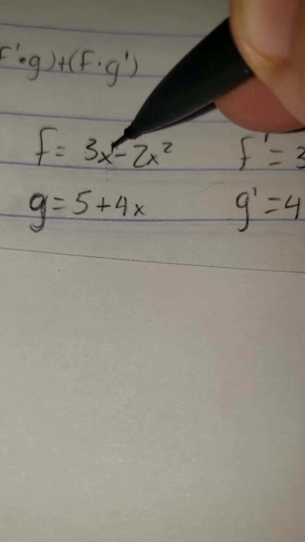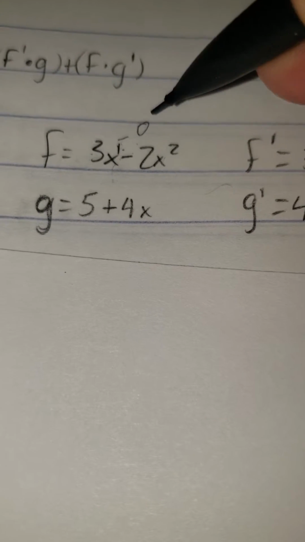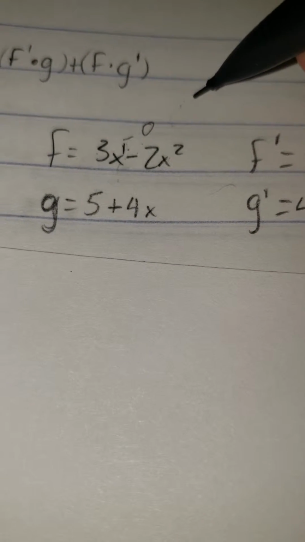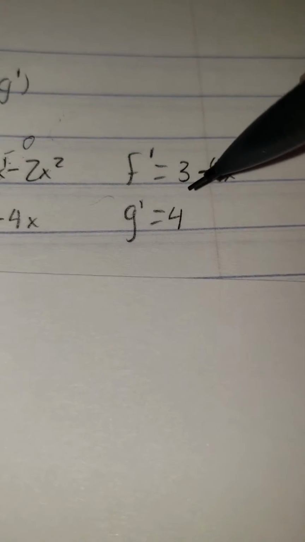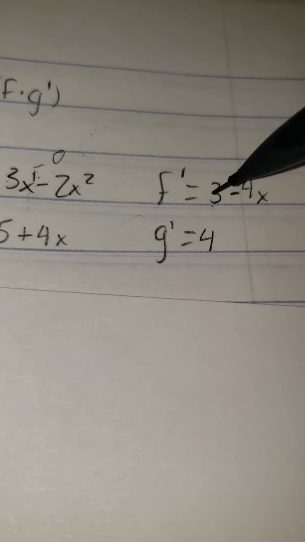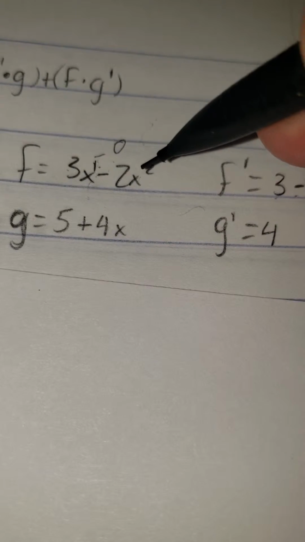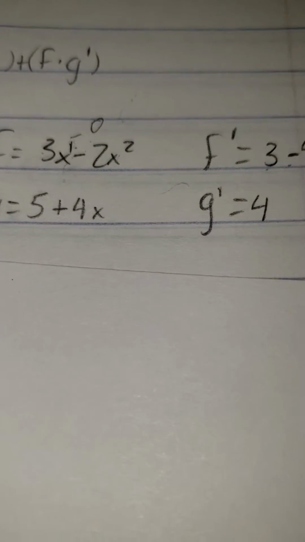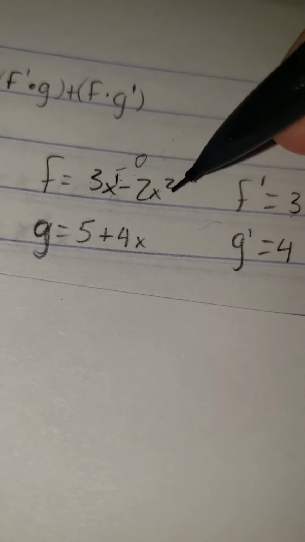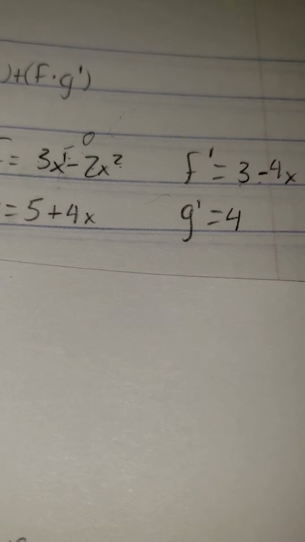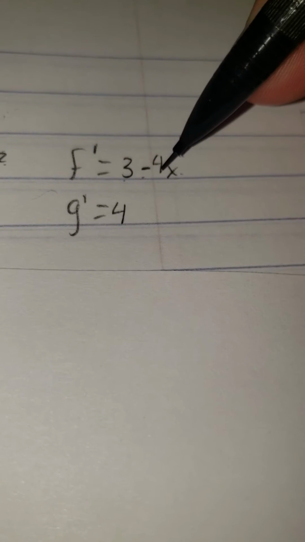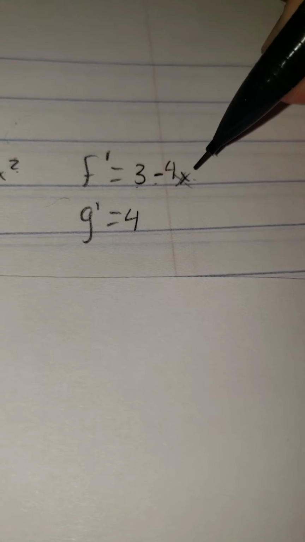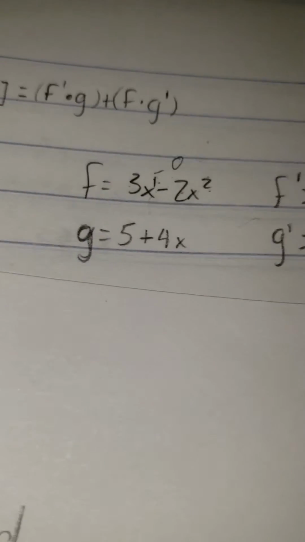Then this is reduced to 0, and anything to the power of 0 is equal to 1, so it's basically 3 times 1 times 1. So we're just left with 3 minus, and then going back to this part right here, we have 2 times 2, which is equal to 4, and then subtract 1 from 2, which leaves us with 1. So this x is to the power of 1.